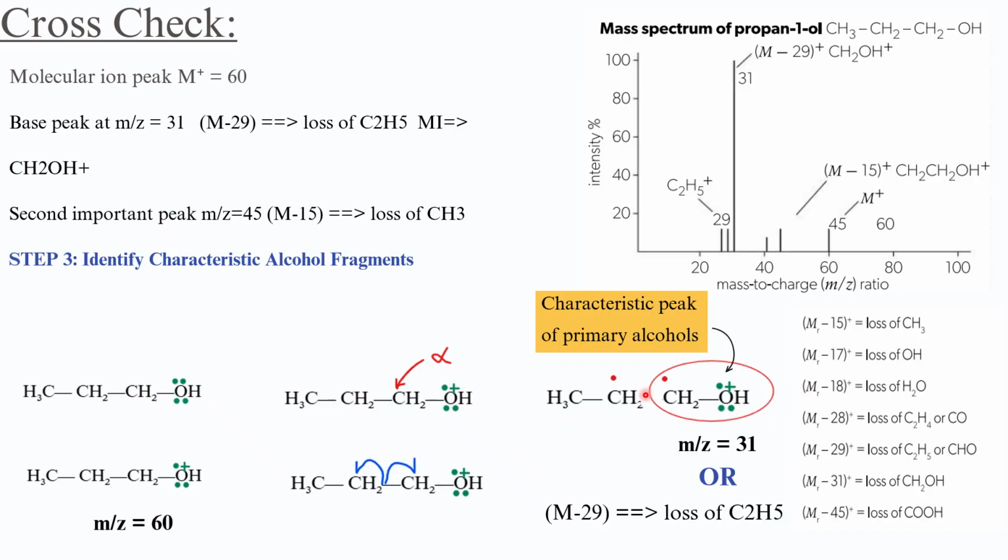This radical cation will give me the m by z value as 31, and I can clearly observe it in my spectrum. So this means I'm absolutely correct in determining the structure of this particular spectrum which was given at the beginning. This is how you will check or determine the structure from the given spectrum.